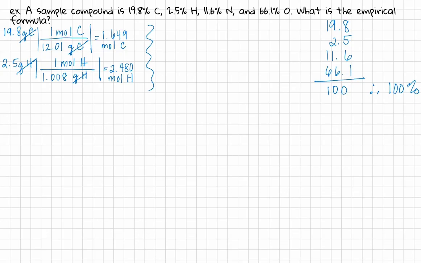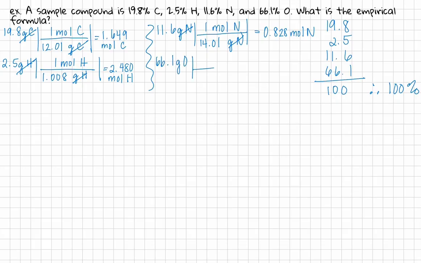Now I'm going to do nitrogen, 11.6 grams of nitrogen. Grams of nitrogen, mole of nitrogen. This is going to cancel out. Per the periodic table, that's 14.01 grams. And then per the calculator, that's going to come out to 0.828 mole nitrogen. And then for oxygen, it's 66.1 grams of oxygen, 1 mole of oxygen, grams of oxygen, which is going to cancel out.